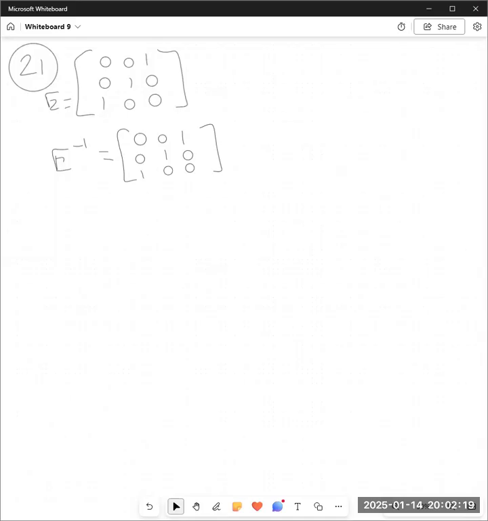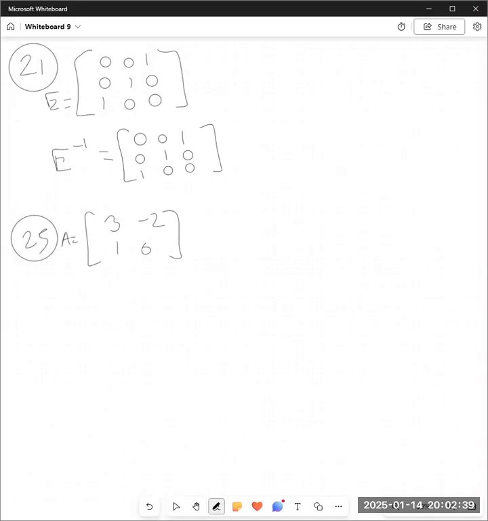Let's go to number 25. It asked me to find the inverse of the matrix using elementary matrices. So 25 is A, let's call it, 3, -2, 1, 0.